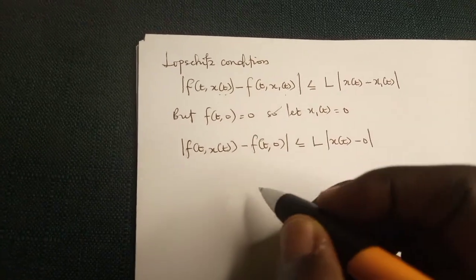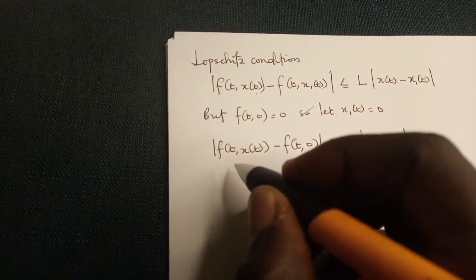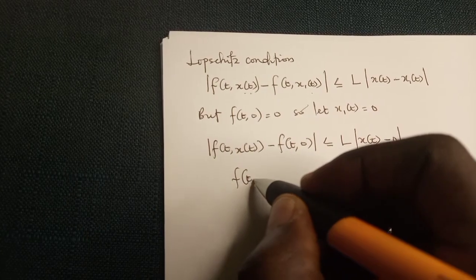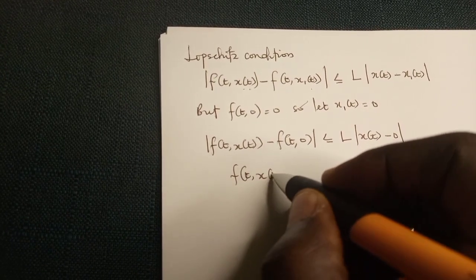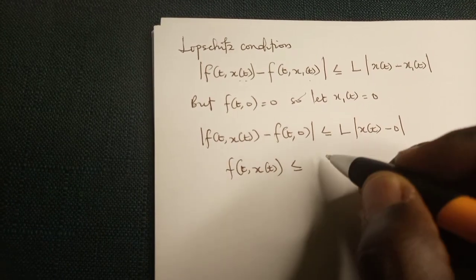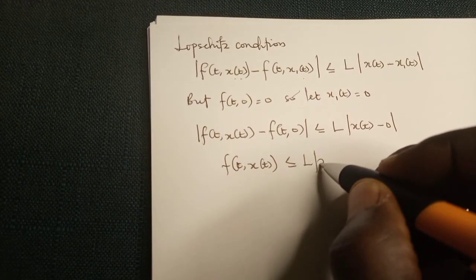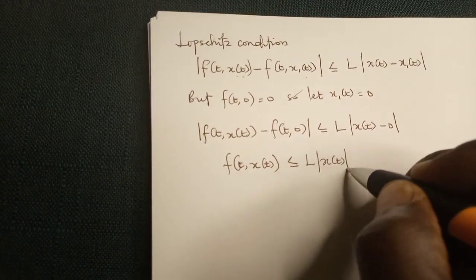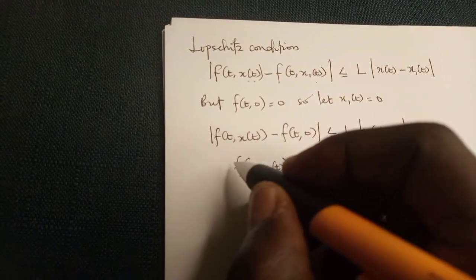When you simplify this, you'll be having |f(t, x(t))| less than or equal to L |x(t)|.